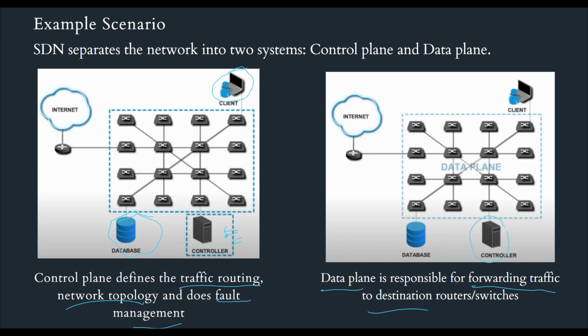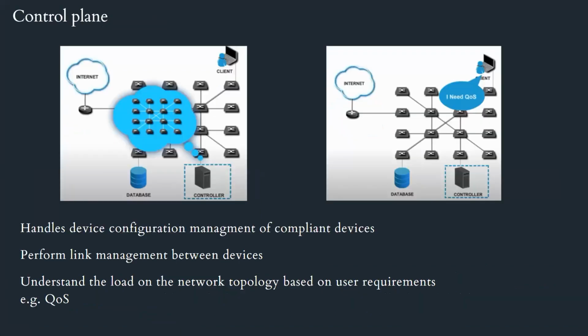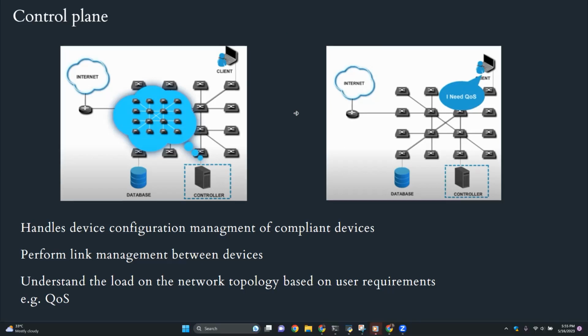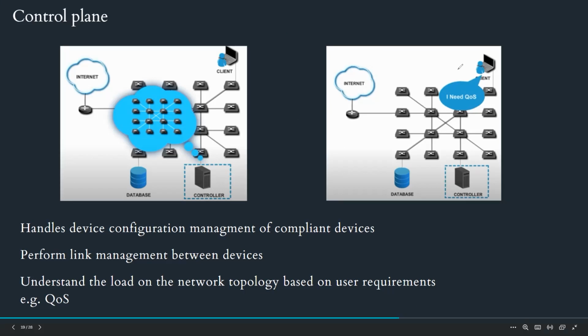So the control plane is the most important part in the SDN. The control plane will understand the best method to communicate using the network architecture and network topology available, and it will also consider the requirements of the user.